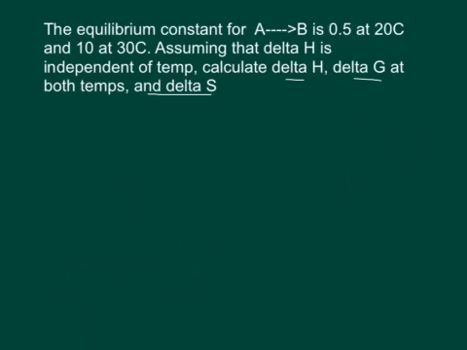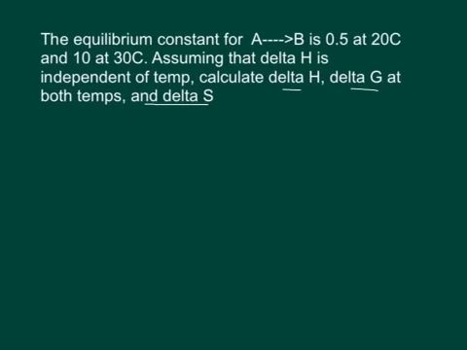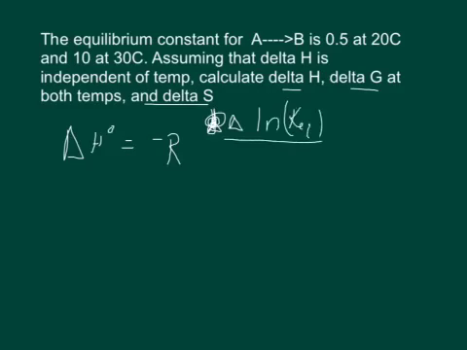So then the next thing is, in order to calculate delta H, remember the Van't Hoff plot, where we decided that delta H standard state was equal to negative R times the change of the natural log of KEQ divided by the change of 1 over T. On a Van't Hoff plot, the natural log of KEQ is charted against 1 over the temperature in Kelvin.